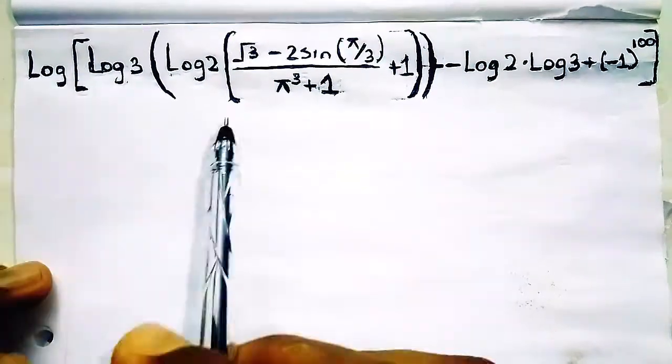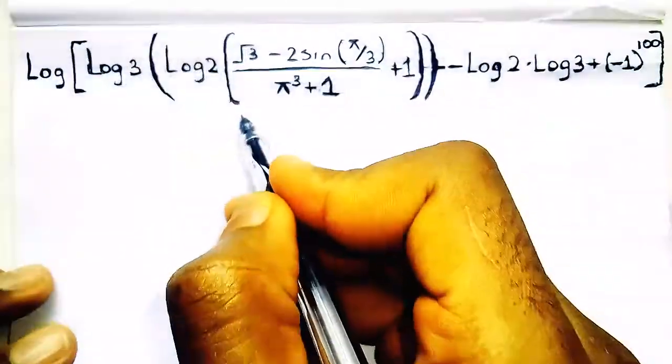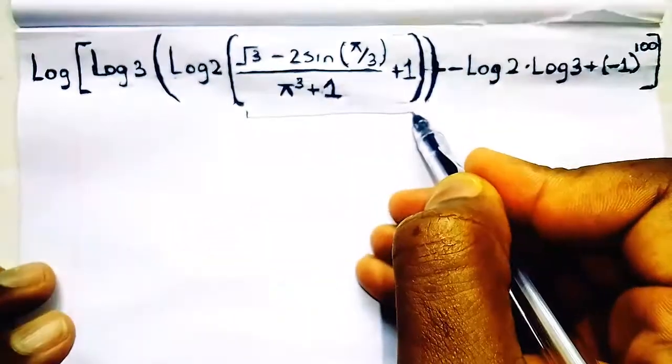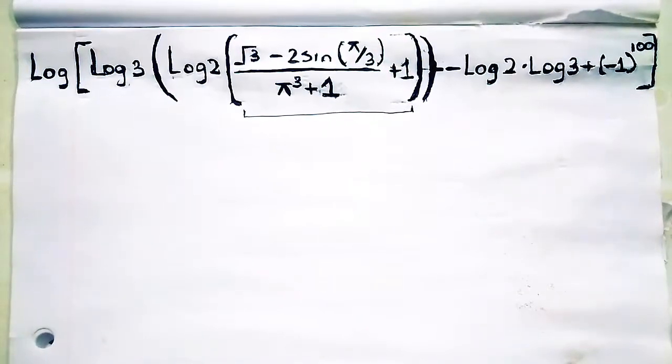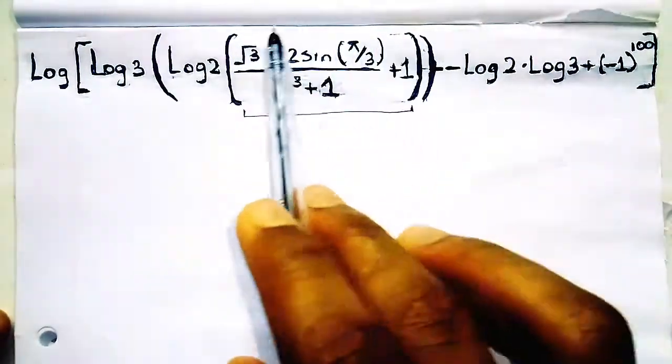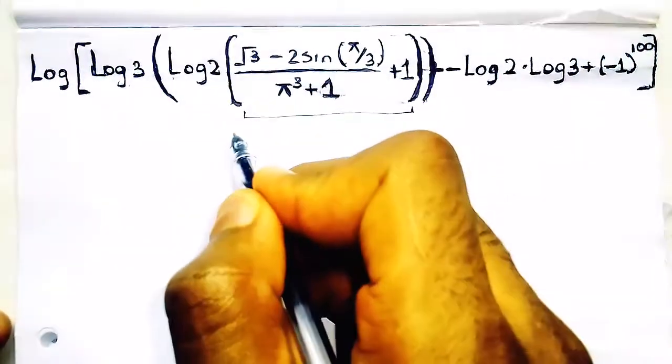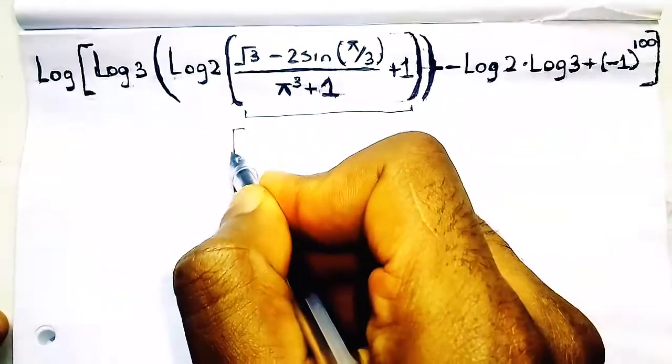So first, we are going to be solving this right here. Like I said, you have to take it step by step. So I'm going to solve this inner bracket right here. I'm going to bring it out, so remember, using a bracket form.